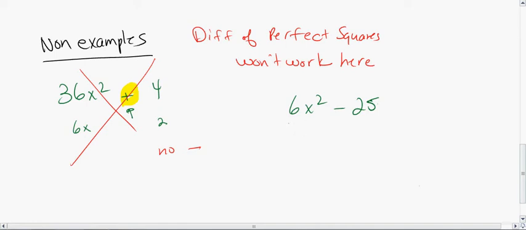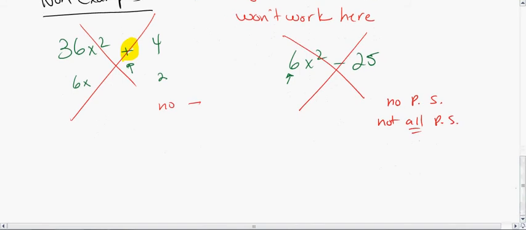X squared is a perfect square, but 6 is not a perfect square. 6 is 2 times 3, not something times itself. So this doesn't work. Not all perfect squares. Let's try one more non-example.